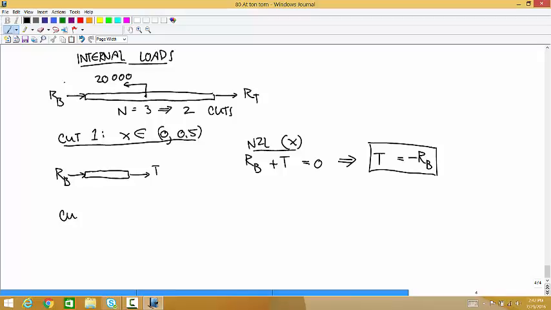And then I'll do cut 2. X is valid between 0.5 and 1.